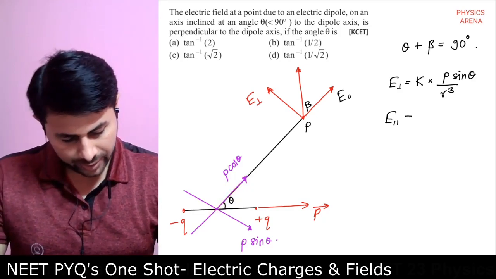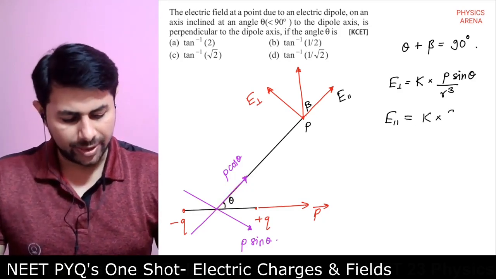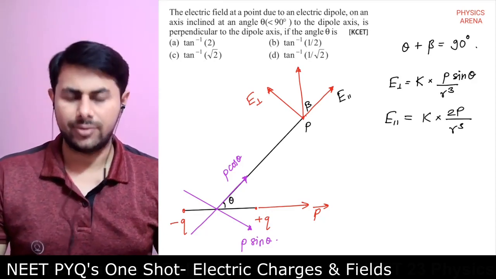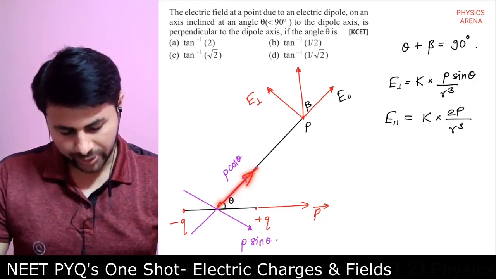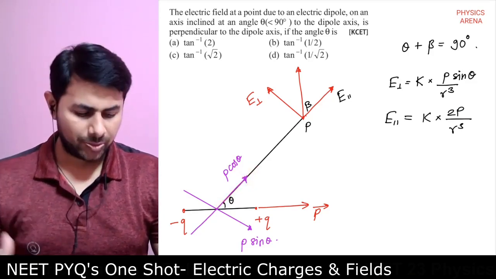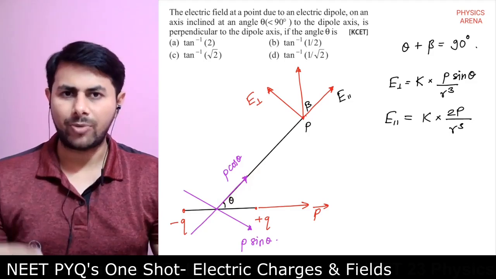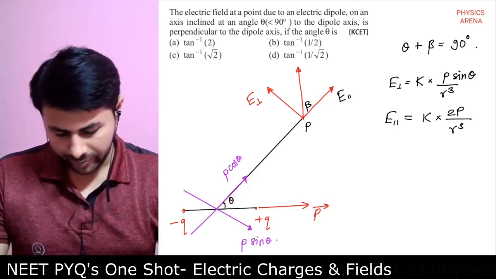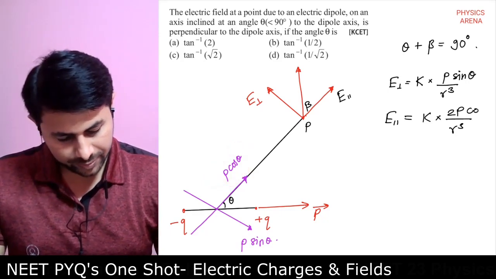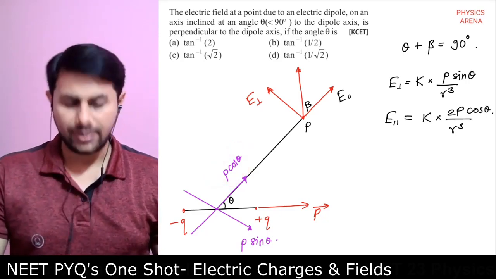So it is K multiplied by 2 times the dipole moment upon R cube. Okay, for axial point, the electric field is K constant, that is 1 upon 4 pi epsilon naught multiplied by 2p upon R cube. Okay, but it's not P, this is P cos theta, right?